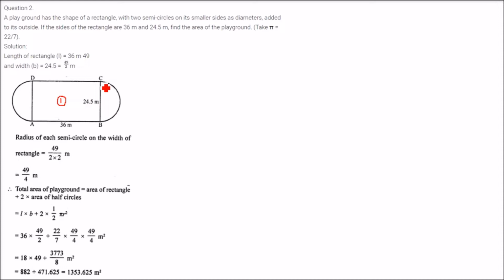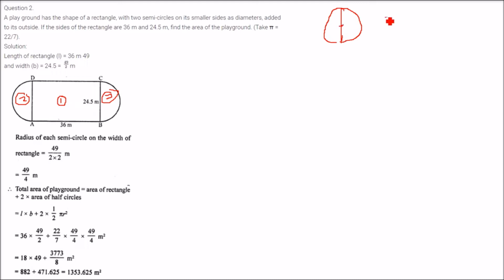So this is the first area, and you have to just understand that this is a semicircle and this is also a semicircle. So if I combine this second and third, then this will be a full circle because the diameter is the same for both of them.